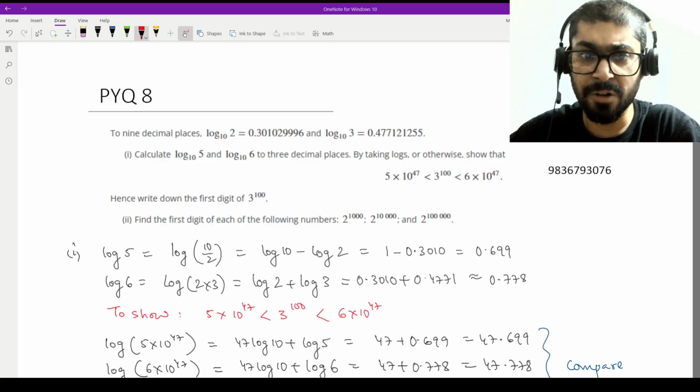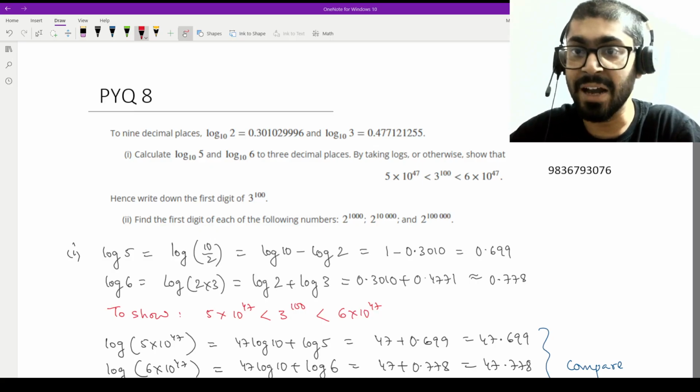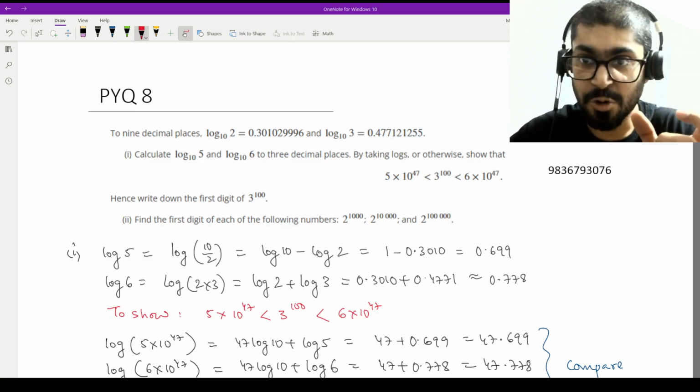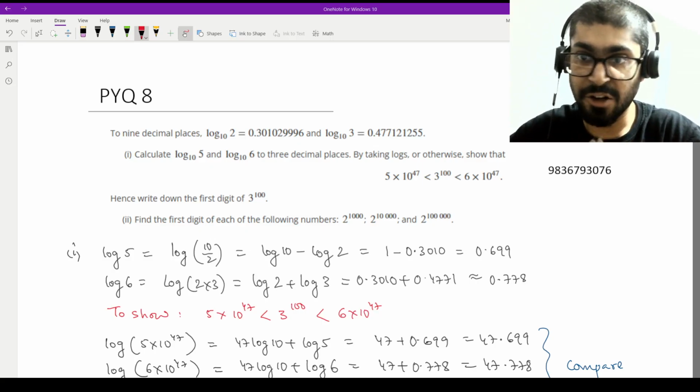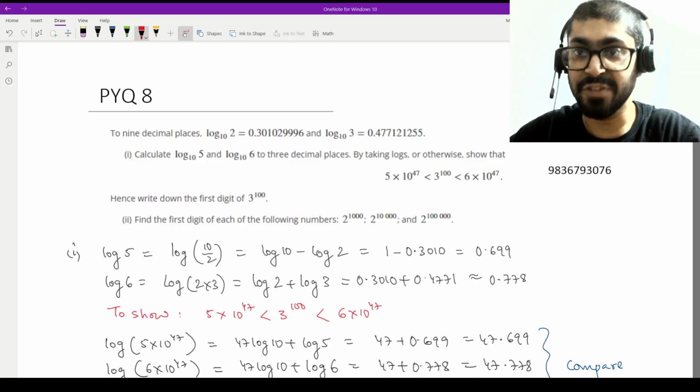If you know the primes, you can calculate the composites anyway, and then you just have to look between n and n plus 1. Okay, so if you can write a number in its exponential form, it is not difficult using logarithms to at least get an idea of its first digit.